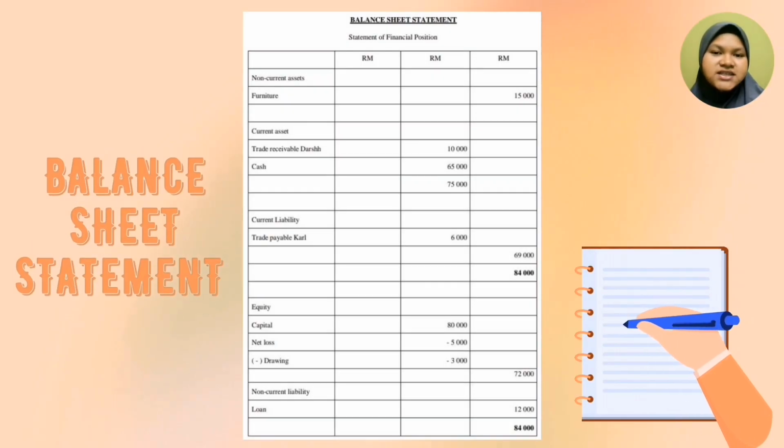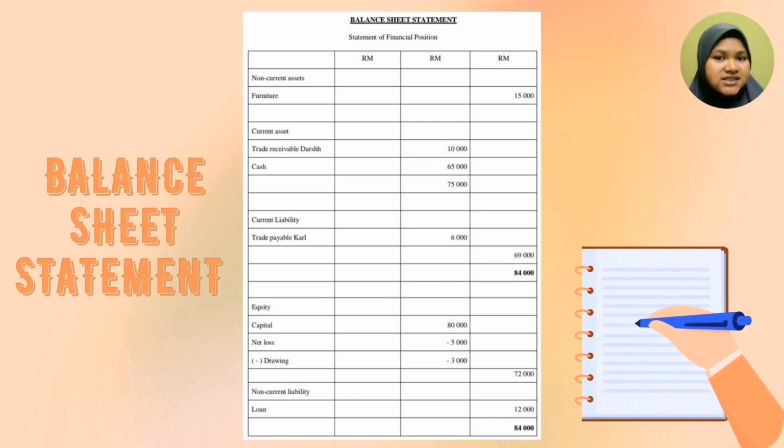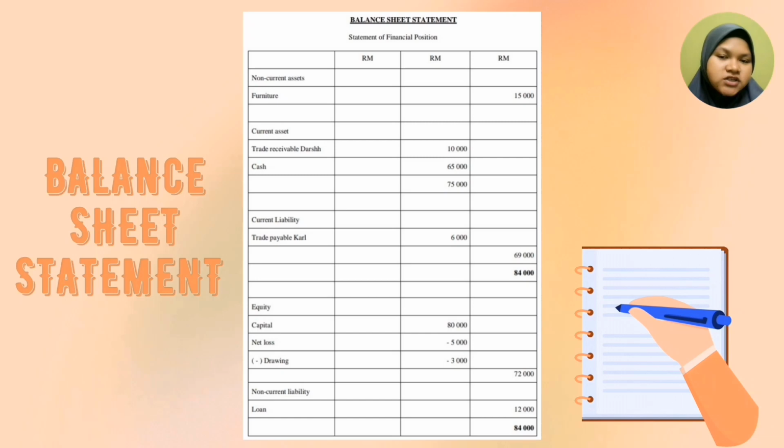So the last is balance sheet statement. It includes information about a company's assets and liabilities and the shareholders' equity that results. These things might include short-term assets such as cash and accounts receivable, inventories, or long-term assets such as property, plant, and equipment.